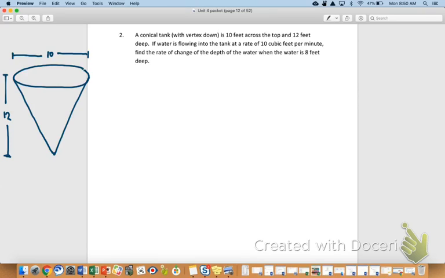And then it's being filled with water, and so maybe I represent that with just a little bit of blue down here. Something like that. There's my very rudimentary picture.